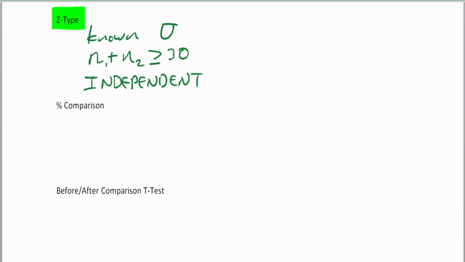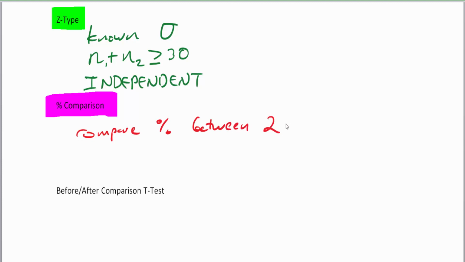Okay, and the next one that you're familiar with is the percent comparison. And what's great about this is you can compare percentages between 2 groups. And of course, this is a binomial type comparison, because these percentages are going to be yes or no binary questions.